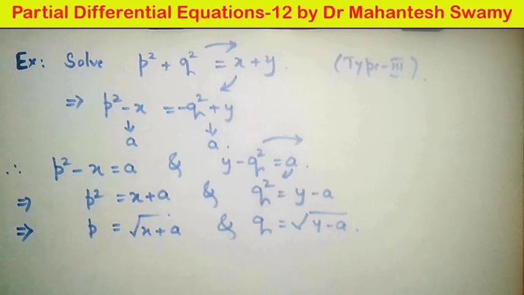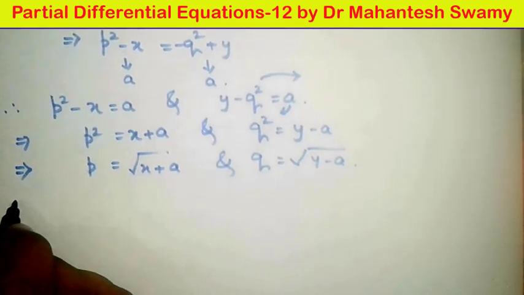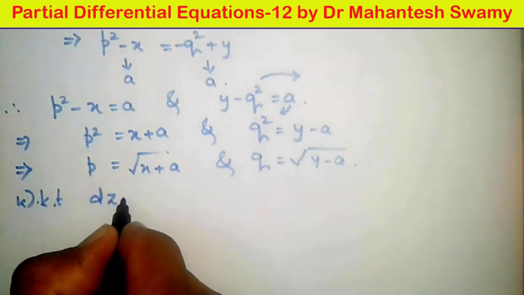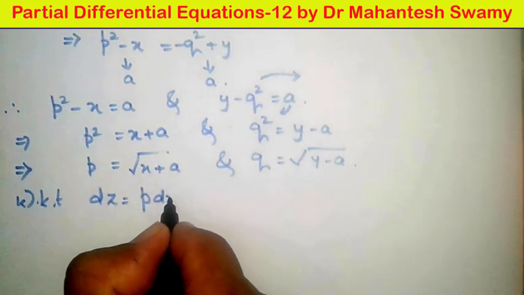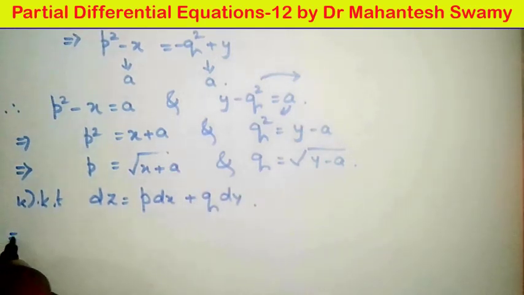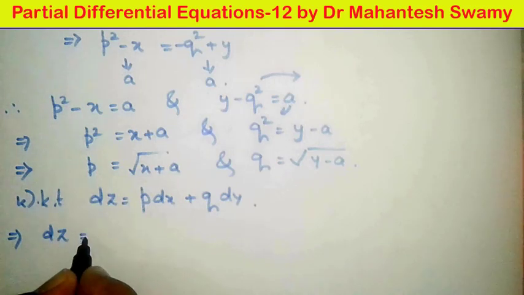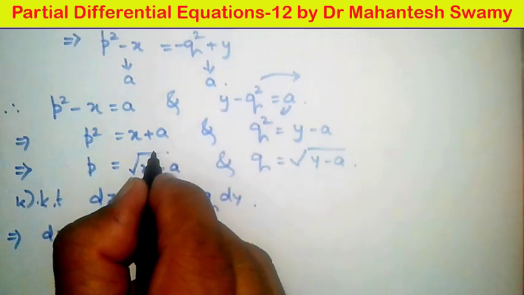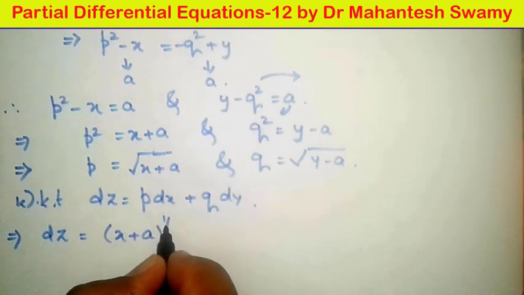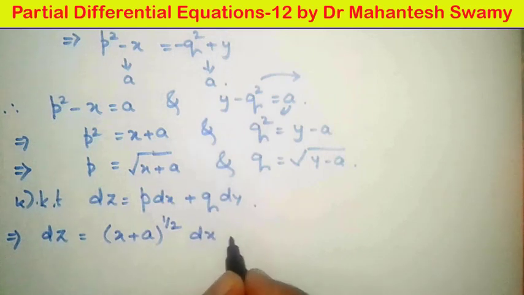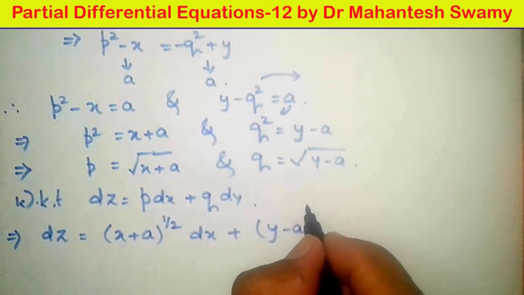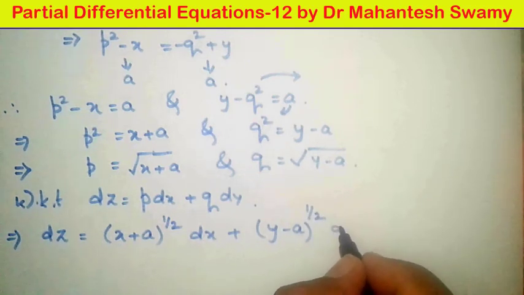And in the next step, let us consider that important expression dz equal to p dx plus q dy. So that implies dz equal to root of x plus a, which can be written as x plus a whole to the power half dx, plus the q value, y minus a under root, which can be written as y minus a whole to the power of half into dy.